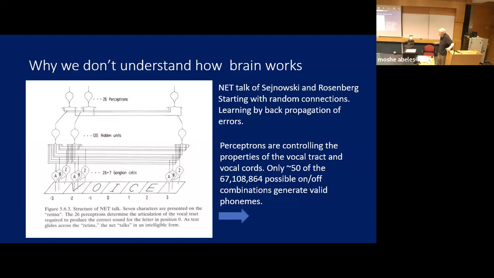So you need to understand which combinations represent a phoneme in order to say we understand what's going on here. You see the text and 26 perceptrons change the vocal tract such that it generates one of the 50 legitimate phonemes.